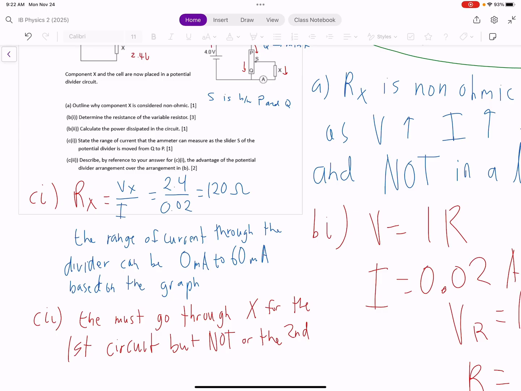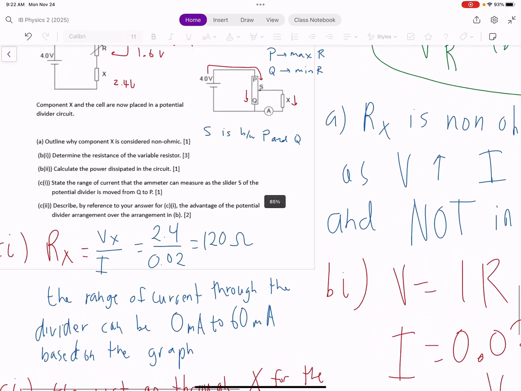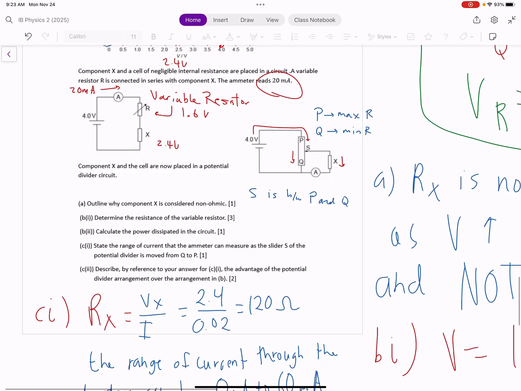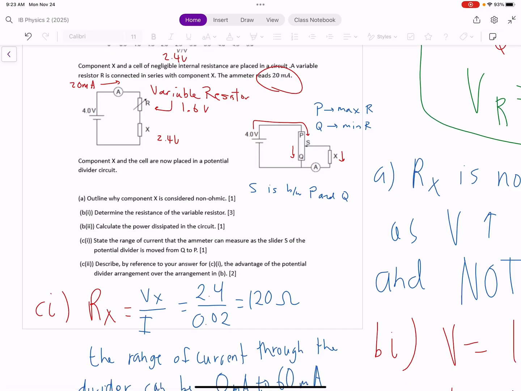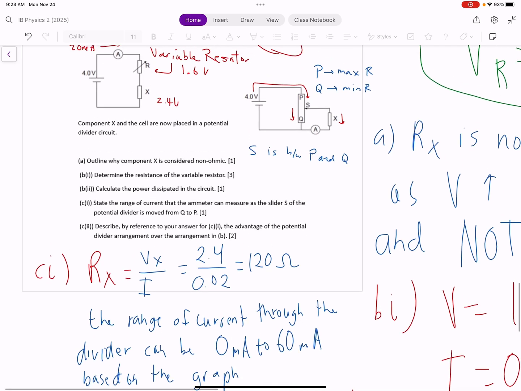The range of the current the ammeter can measure as the slider S of the potential divider is moved from Q to P. Something we need to understand about the potential divider circuit is that it can change its resistance up and down. It's called a slider.